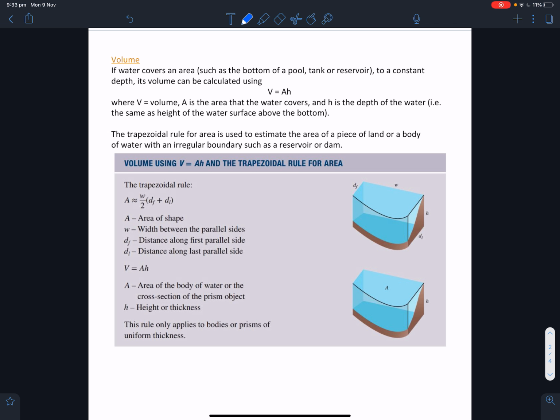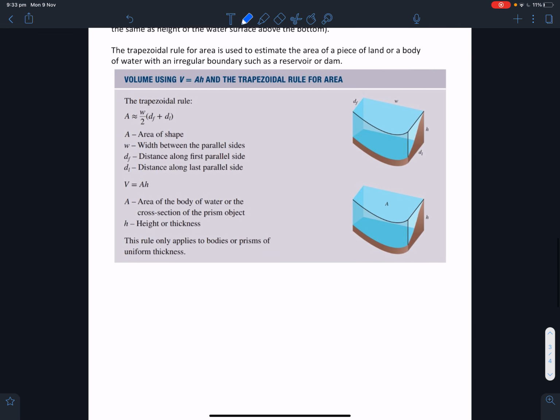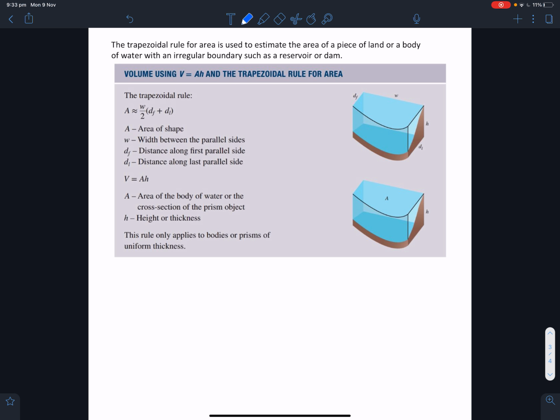Now, V is your volume, and alright, so let's have a look. Having a look at this shape here, if you were to find the area of the cross section, I don't really write my formula like that. I'd say DF plus DL, so D first and D last, and these are parallel.